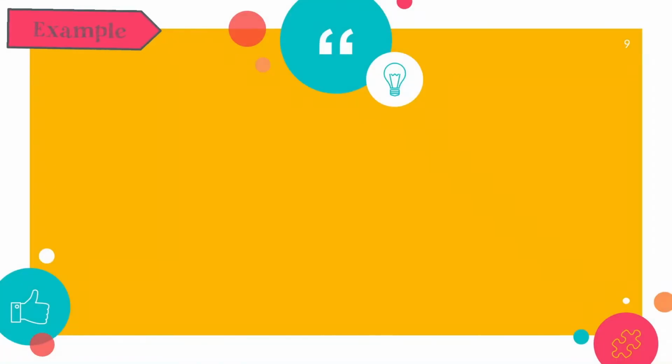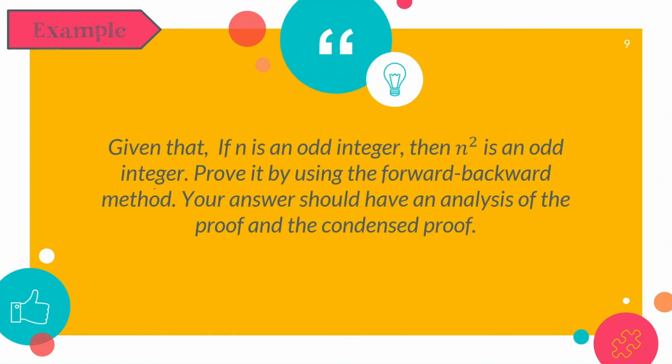Okay, so for example, given that if n is an odd integer, then n square is an odd integer, prove it by using the forward-backward method. Your answer should have an analysis proof and the condensed proof. Here I will show you how to do the analysis proof and the condensed proof, but we must focus on the question itself.